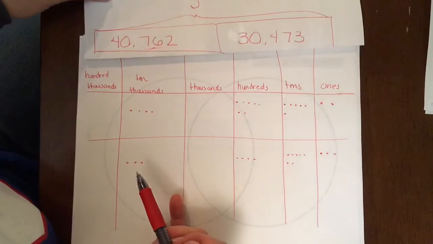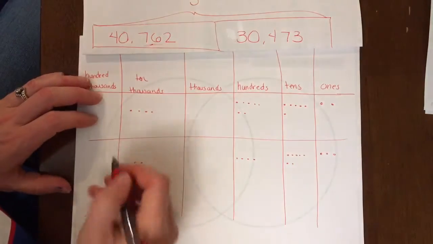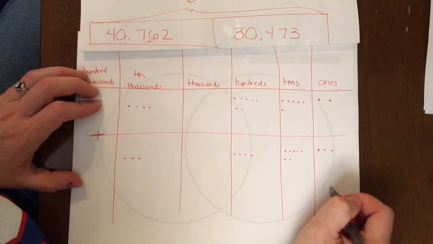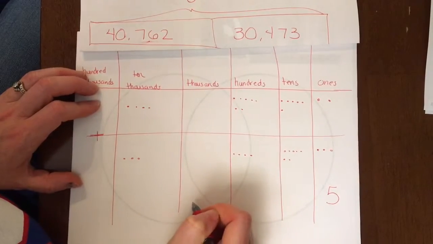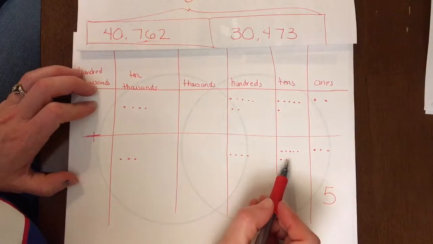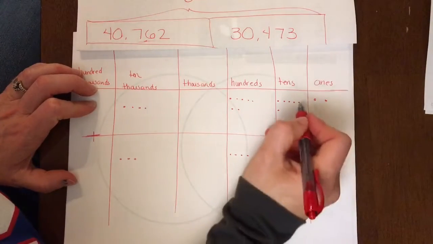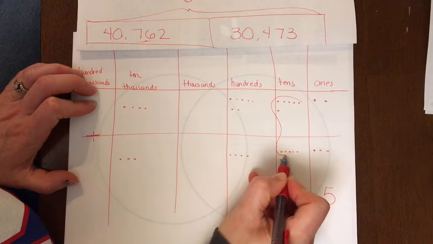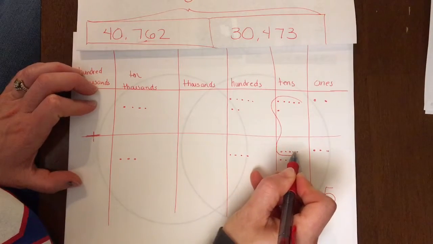So what we're going to do is just add them up in these columns. 2 plus 3 is 5. 6 plus 7, oh my, we already know that we're bigger than a 10. So we keep our 6 and we count up. 7, 8, 9, 10.